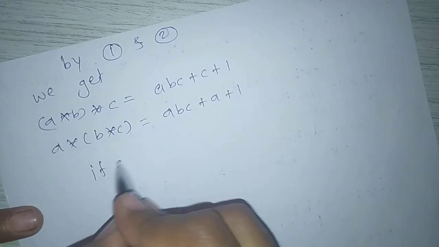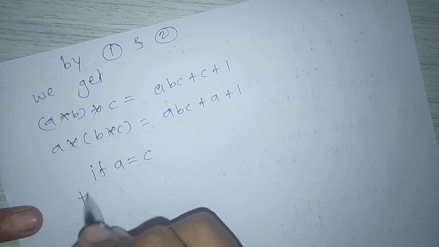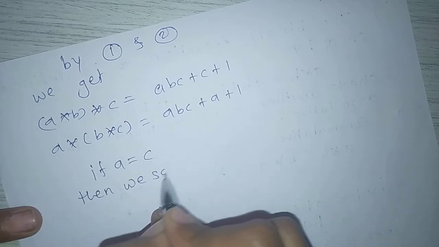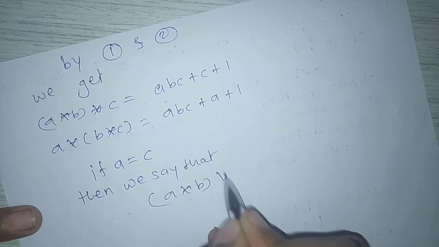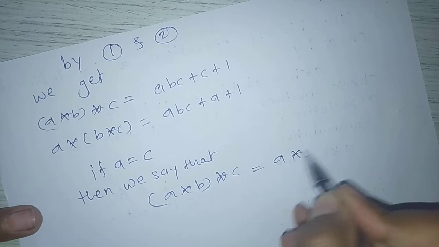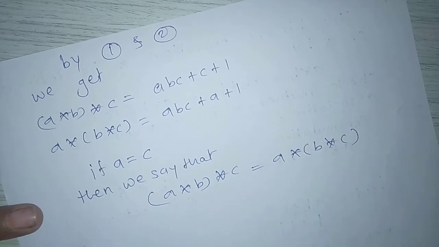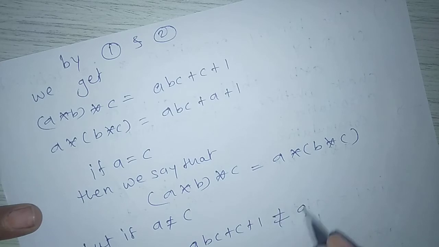If A equal to C, then we say that A star B star C equal to A star of B star C. But if A is not equal to C, then ABC plus C plus 1 is not equal to ABC plus A plus 1.